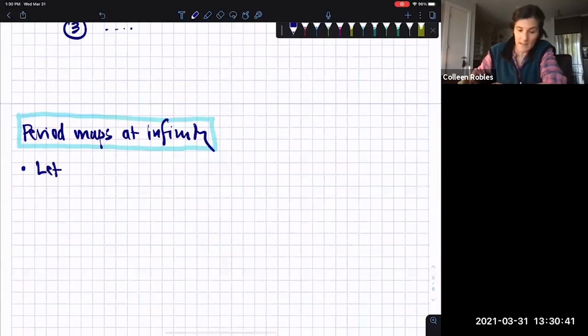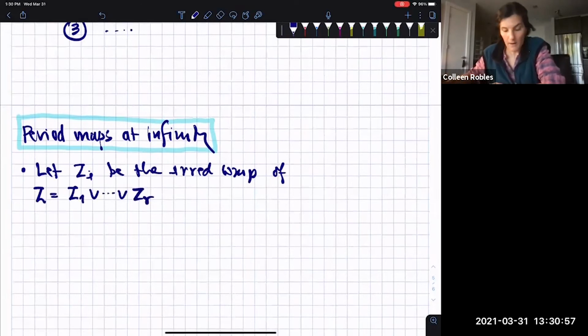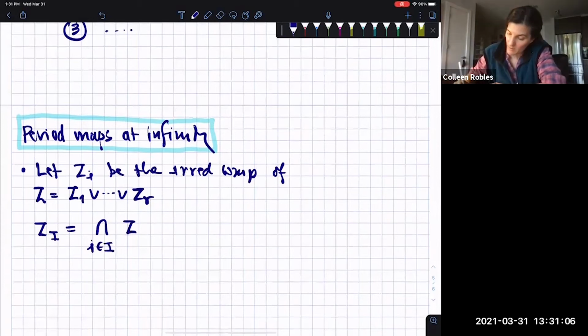So let's let Zi be the irreducible components of our boundary R, and then take the intersection over all I in a specified range.